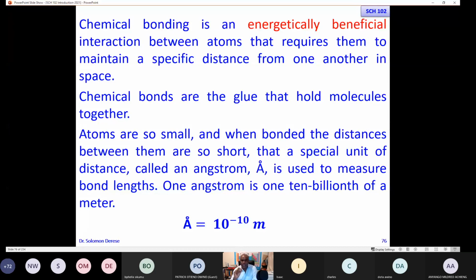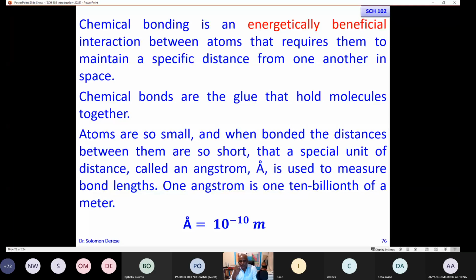The reason why this is done: if you were to measure the distance between atoms in terms of meters, it will be 0.00000013 meters, for example.